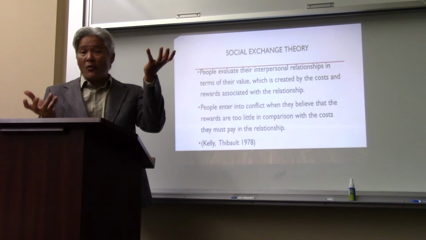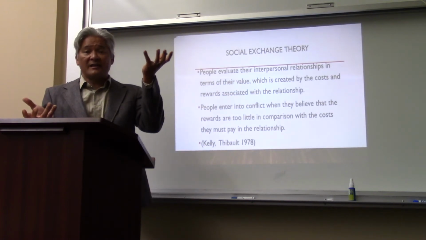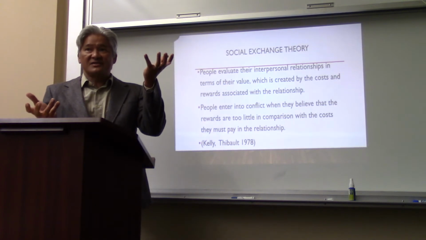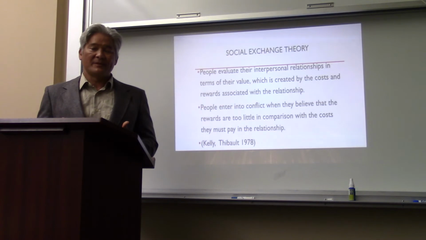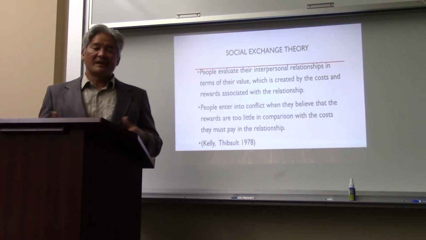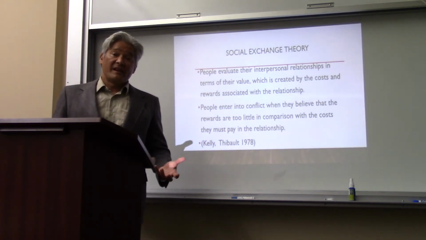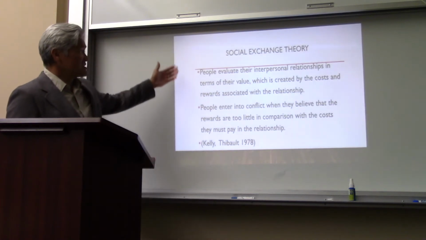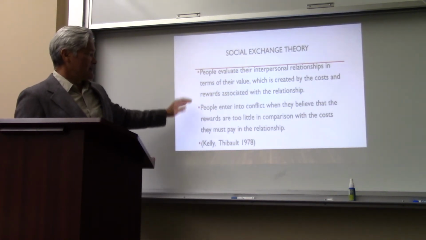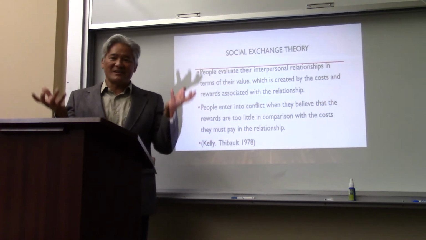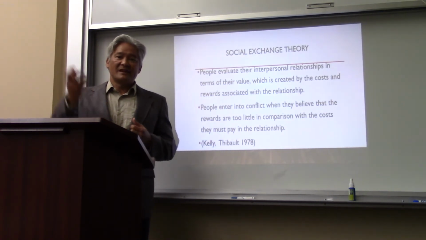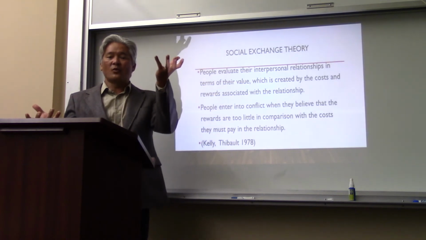And at some point when there are more costs than the rewards, it is going to make you feel like you have to do something about that relationship. And generally speaking, it leads to more conflict. That's really where social exchange theory comes into play, this scale, the costs outweighing the rewards.